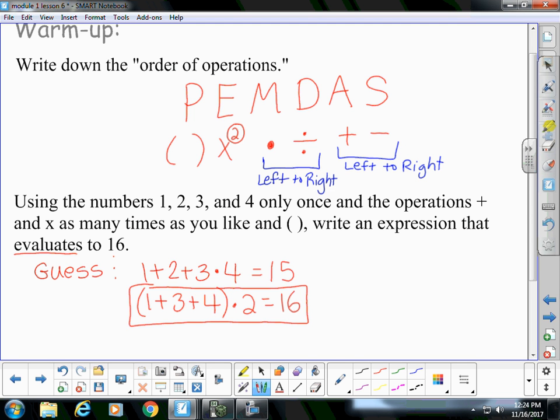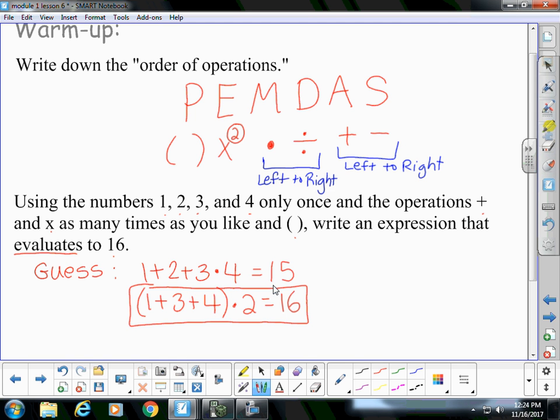But the whole point is they said we can only use these numbers, 1, 2, 3, and 4, and we can only use the operations adding and multiplying. And we can use those as many times as we like, so I used adding 3 times, multiplying once. And they said we could also use some parentheses. Remember, with parentheses, that means the calculator is going to do that part first.